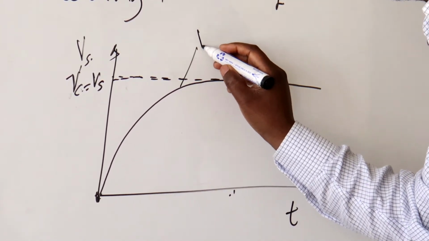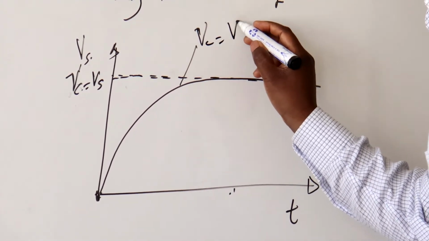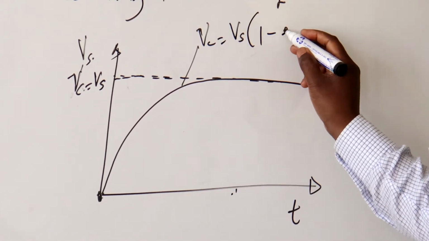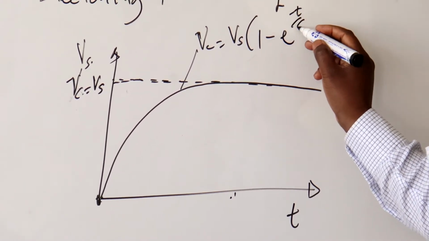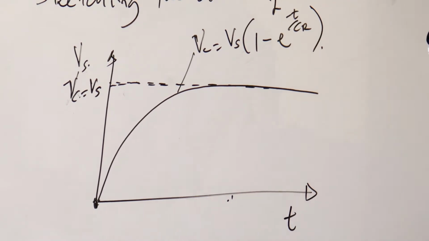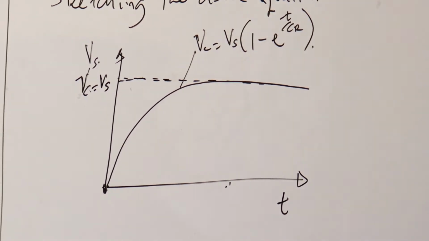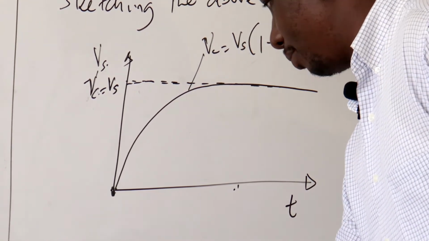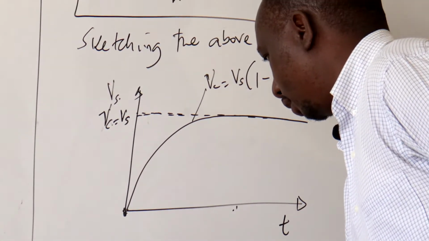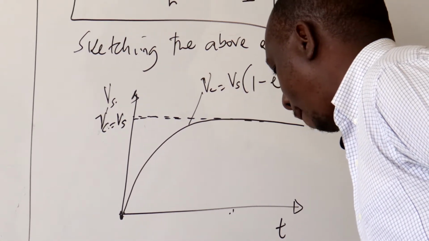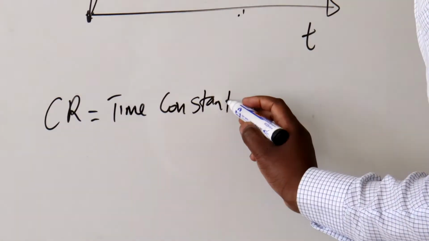So this is Vc equals Vs into 1 minus e to the minus t over CR. In all this, CR refers to the time constant.